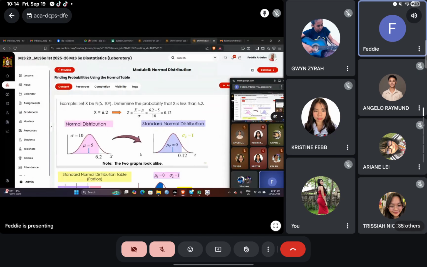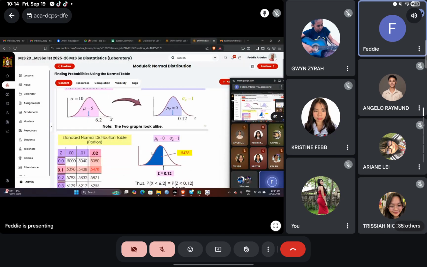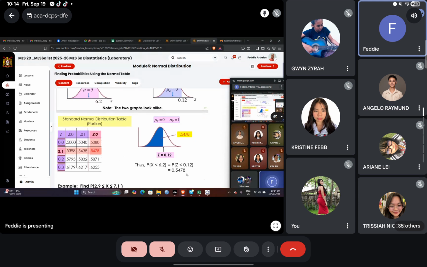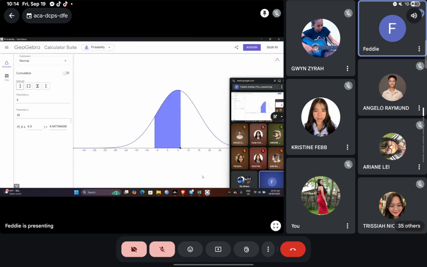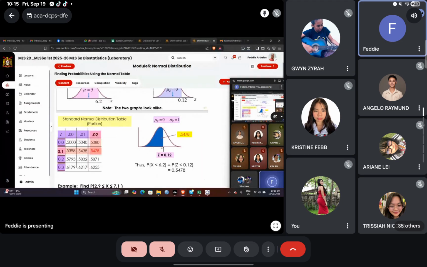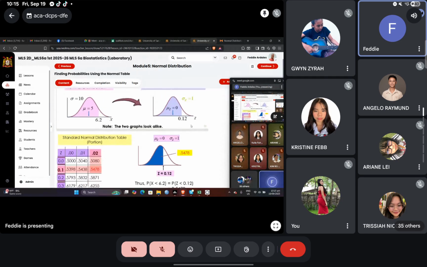So the area here is 0.5478, or approximately 0.5478 rounded. Using the table, all you have to do is locate z, which is 0.12.